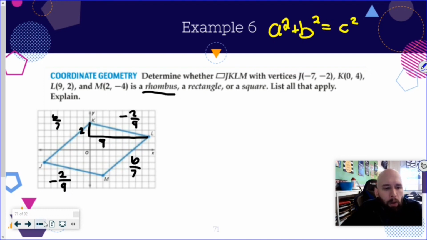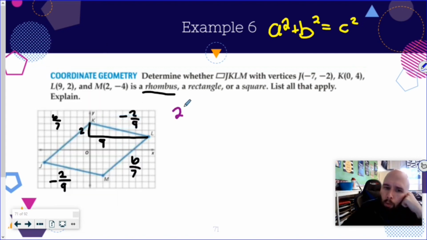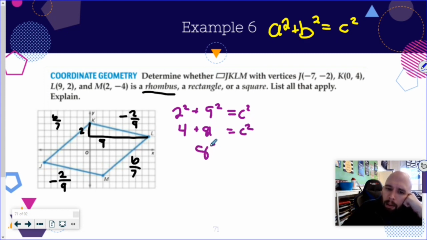I have a side of 2 and 9. So 2 squared plus 9 squared equals c squared. That becomes 4 plus 81 equals c squared. Add them up, you get 85. 85 is equal to c squared.